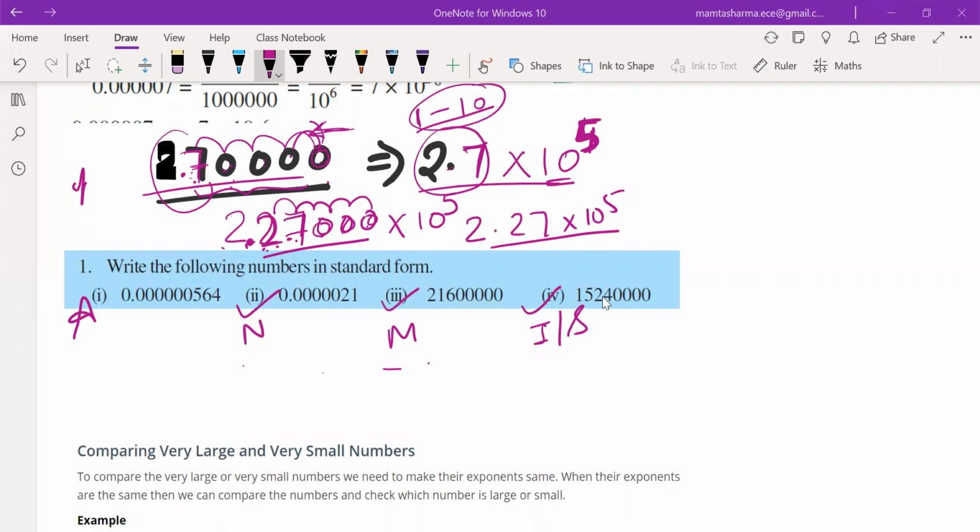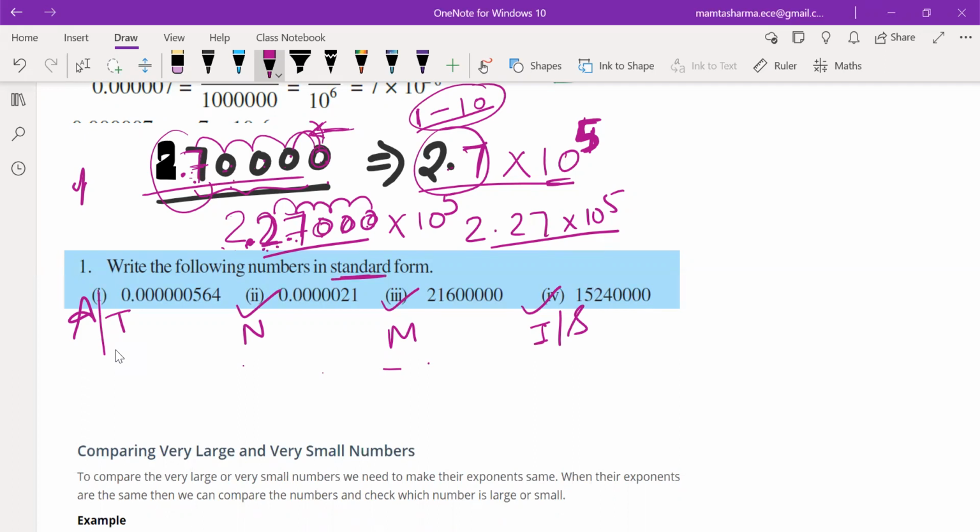Tanvi. Tanvi, are you there? Are you attending the class? Yes, ma'am. Okay. So do this first question. Convert this decimal number or whole number into a standard form, exponent form. Standard form means exponent form.